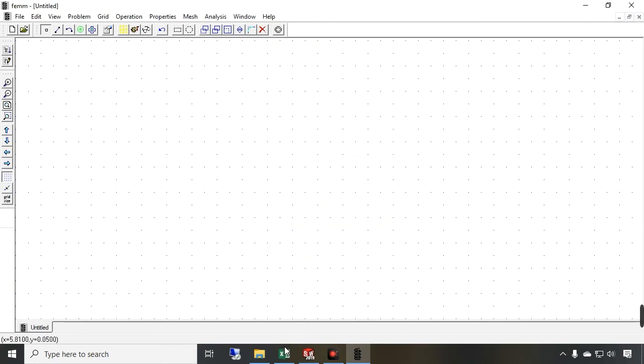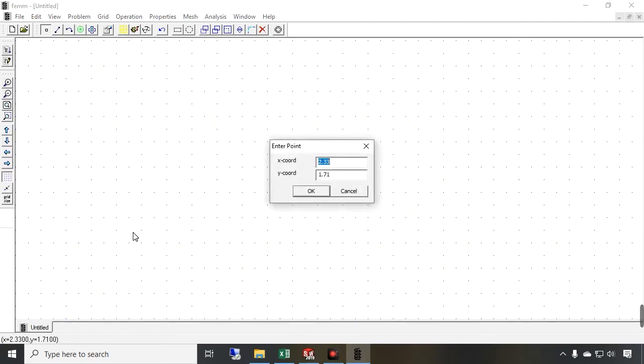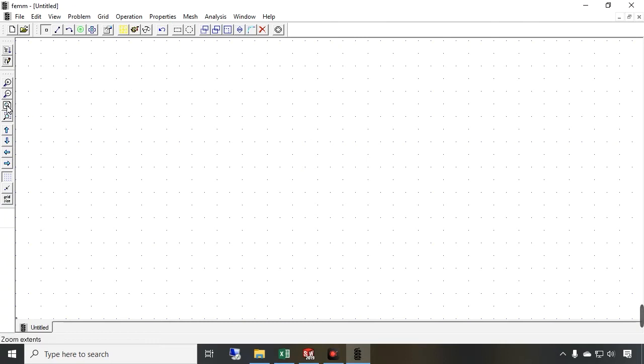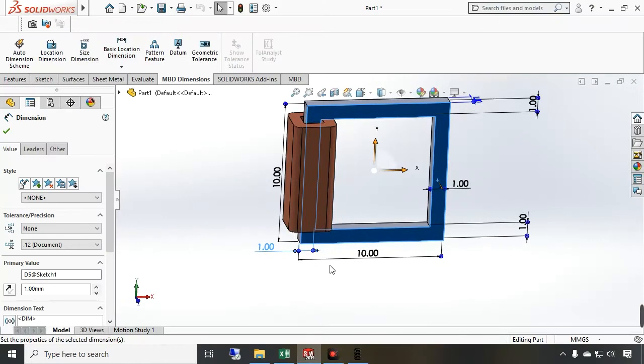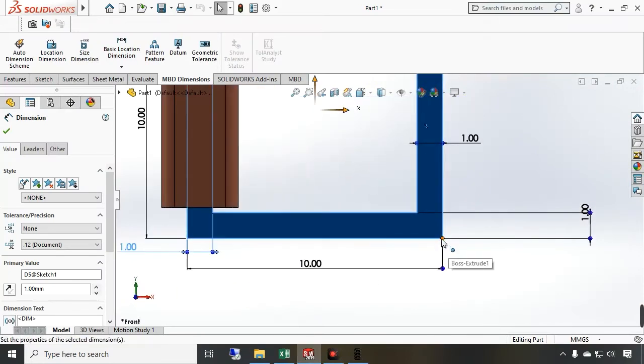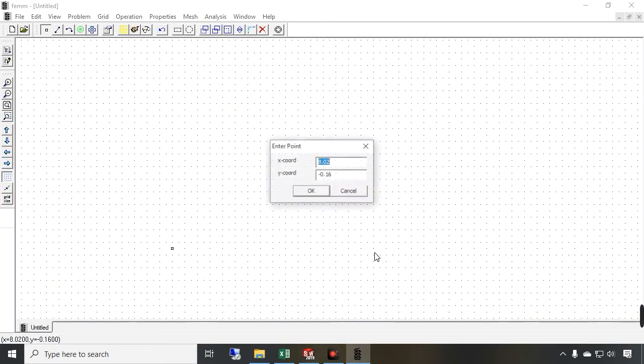Okay. So first of all, I should create points or nodes. So I press the tab key on my keyboard and I press 0 and 0. We created this point. Then I should create this corner point here. I press the tab key.